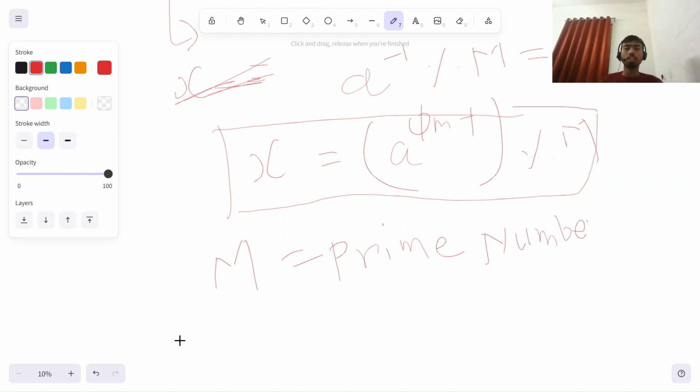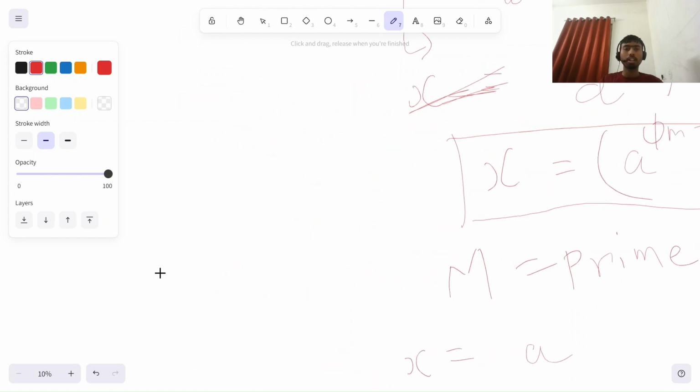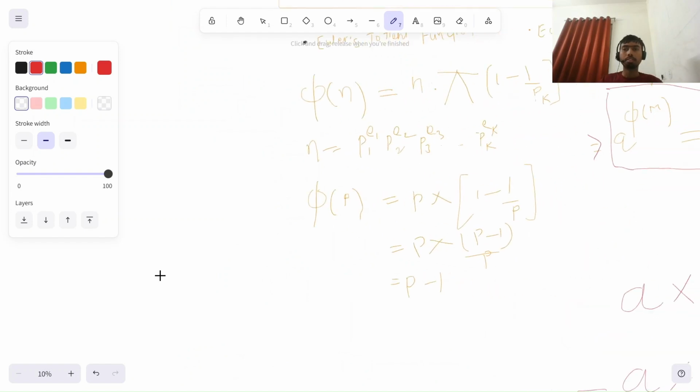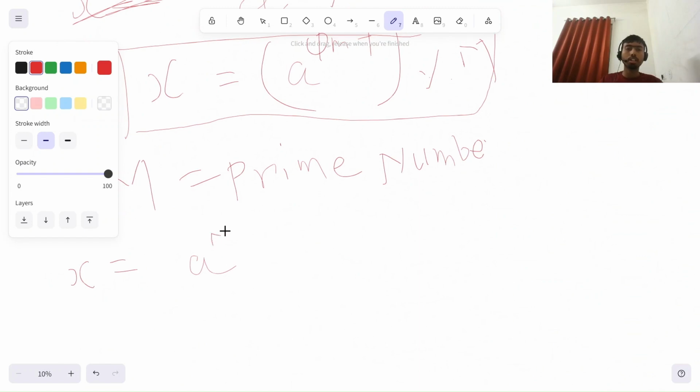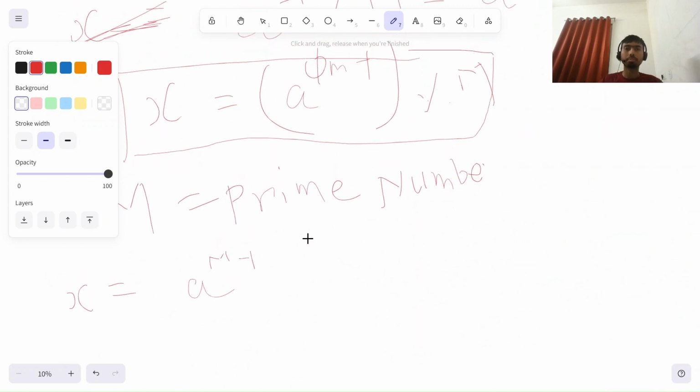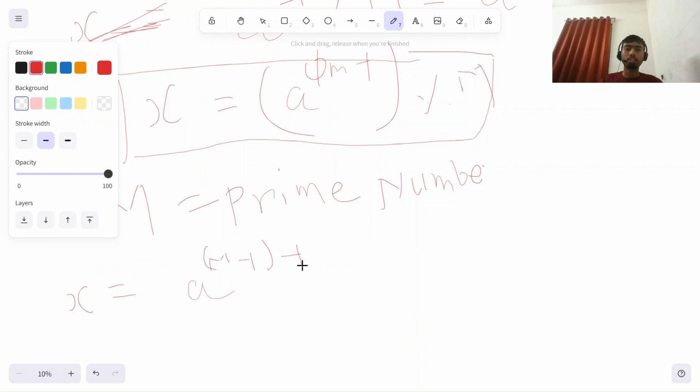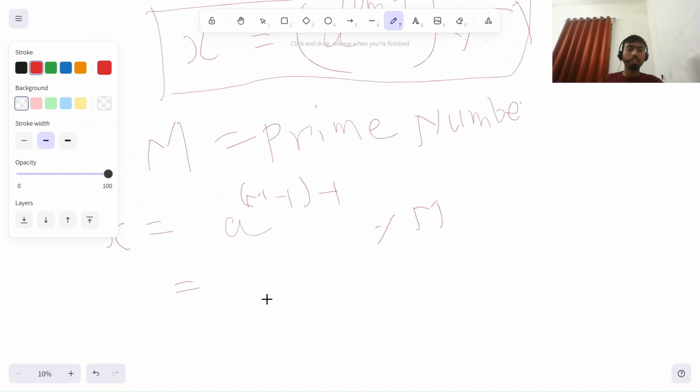So x is equal to a to the power of the phi value of a prime number, which we have already calculated, is p minus 1. So we write m minus 1, then again minus 1, because there is a second minus 1 here, modulo m. And you can write a to the power m minus 2 modulo m.